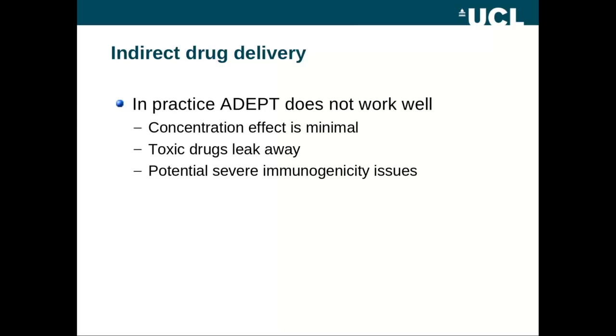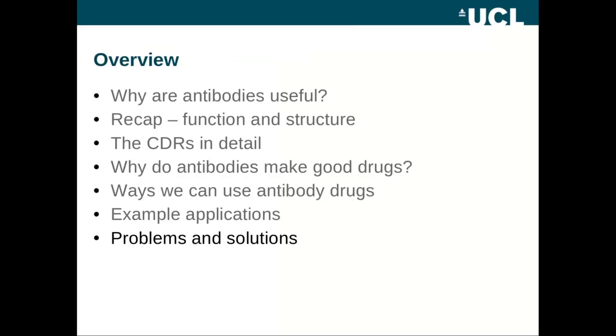And because this is a human enzyme, we then start to attack that human enzyme throughout the body, and that obviously can have fatal consequences. So that leads us very neatly onto the problems of using antibody-based drugs and solutions to those problems.